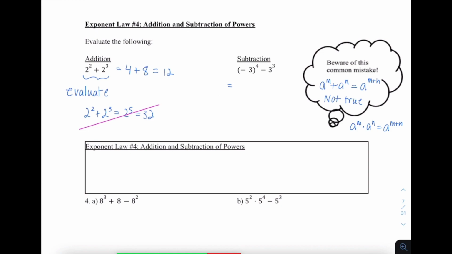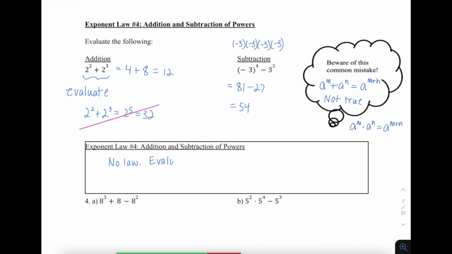So with this one, I can put it in my calculator, but if you want to remember, it's repeated multiplication of negative 3 4 times. My final answer is going to be positive because the negatives cancel out. I'm going to get 81 subtract 27, which is 54. Okay? So exponent law number 4 is that there is no law.